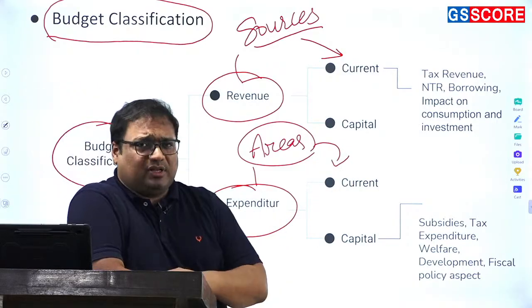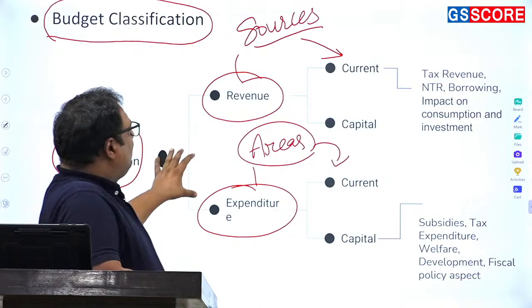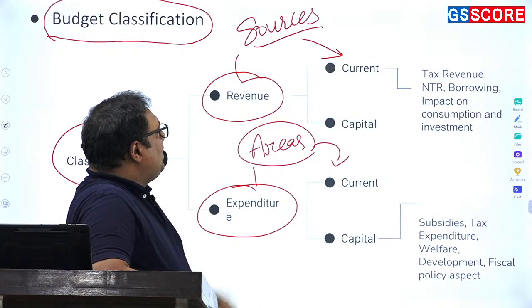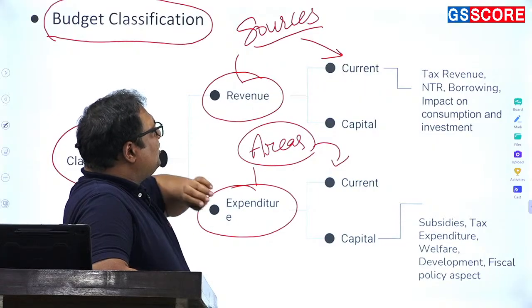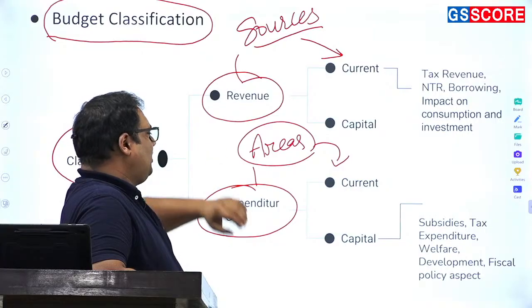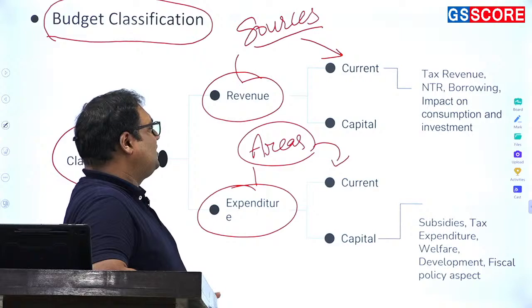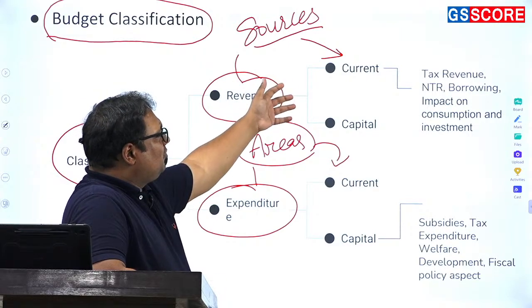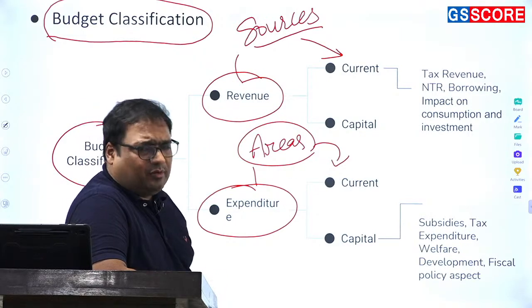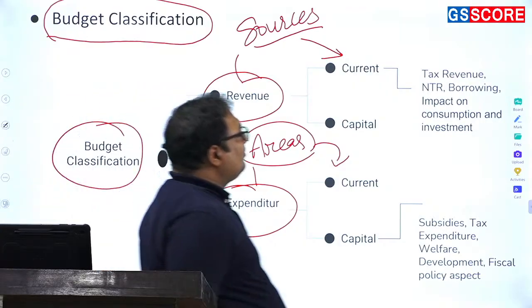This is also something that we need to look into. Clear? So this classification should first of all be very clear. What is revenue? What are the multiple sources of revenue? What are the areas of expenditure? सरकार पैसा कहाँ खर्च करती है? Then what is the concept of the current account? What is the concept of the capital account? That should also be very clear.